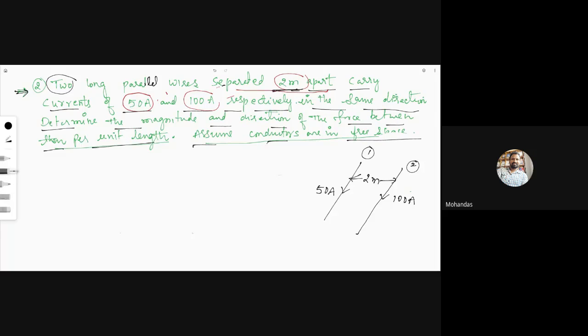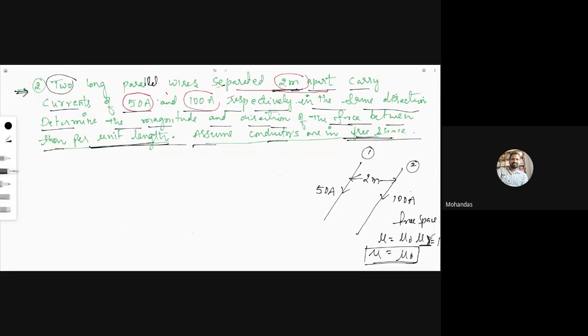What is the mu r value for free space? Mu r equals 1. So mu equals mu naught only. Now you have to calculate the magnitude and the direction of the force between them per unit length. In the previous class we derived the formula for two long wires.